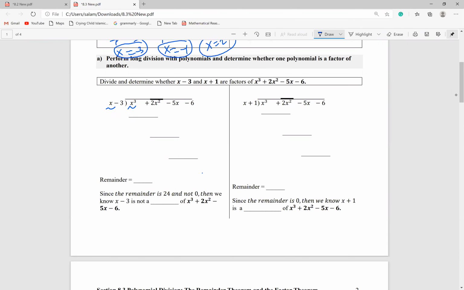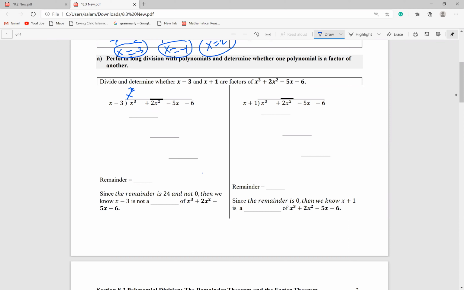So now you can say that x cubed divided by x will give us x to the second power. Then the next step is to multiply this x squared by the divisor, x minus 3, and whatever you get, you're going to bring it down here. And that's what we're going to do now.